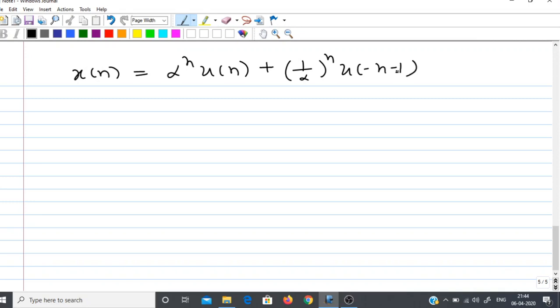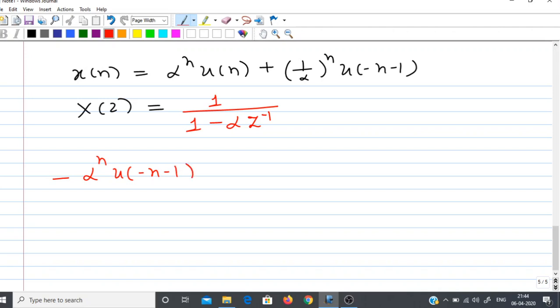And we already know the Z transform of both parts. What is the Z transform of this part? I mention it in red. It is 1 upon 1 minus alpha z inverse. And here there is a slight change. We saw the Z transform for minus alpha to the power n u of minus n minus 1, and the Z transform of this was 1 upon 1 minus alpha z inverse with mod z less than mod alpha.